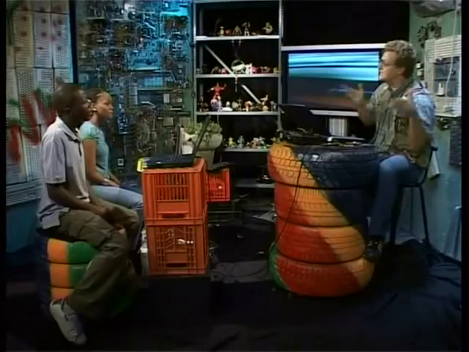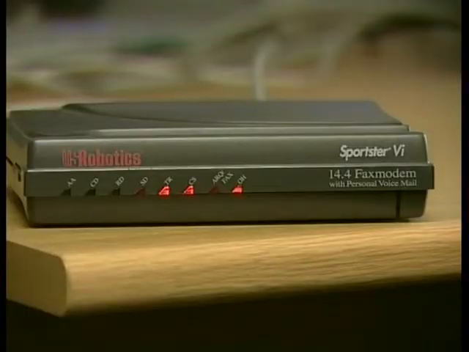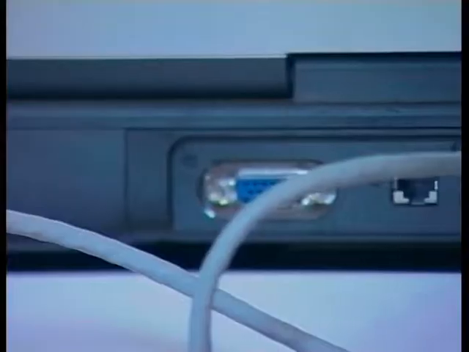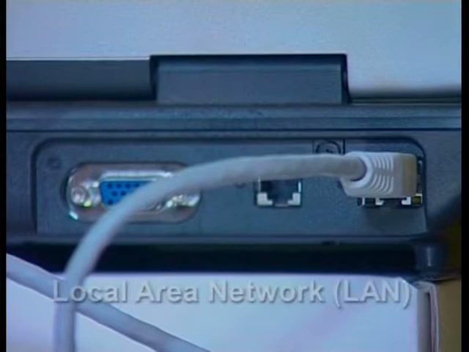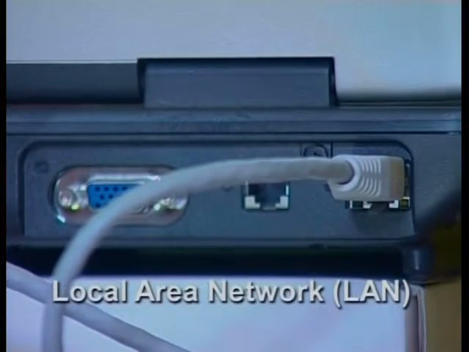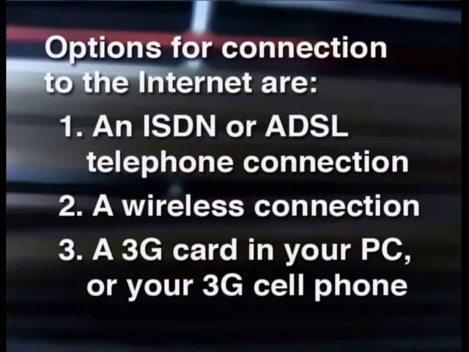Lesson 1 starts out with Morwa and Zamo in Murray's garage. They recap what they know about worldwide electronic communication and then get down to find out how they can set up a network to play games with their friends. They discuss and explore different connection possibilities, including ISDN, ADSL with a telephone connection, wireless connection options, and 3G options too.